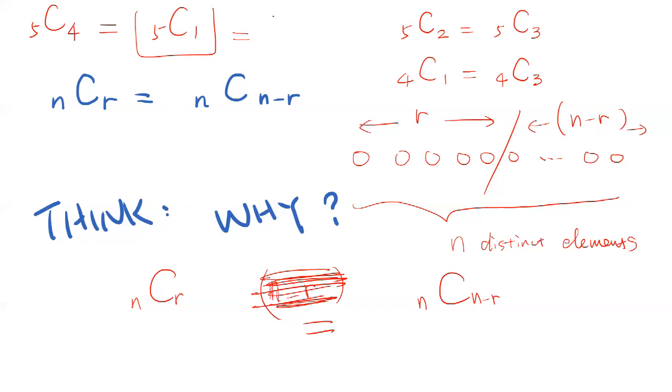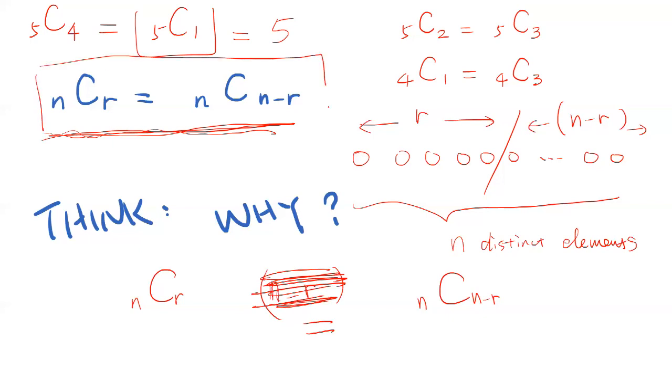By intuition, we can easily find that the result is 5, because there are 5 ways to pick one element out of 5, right? Sometimes this formula can help you simplify your calculation. So just remember this and write it down in your journal, okay?